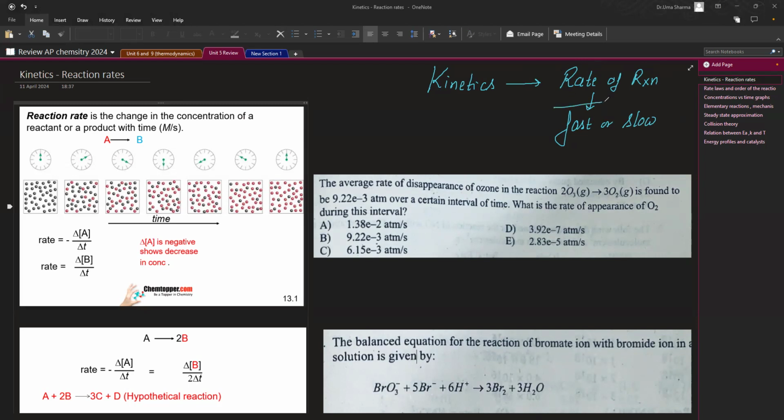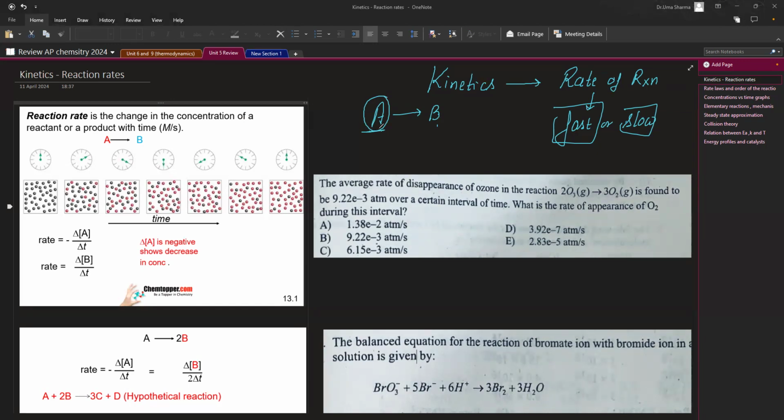How to know a fast or slow reaction? During a chemical reaction, there is a change in the concentration of the reactants and products with time. This change in concentration of the reactant or of the product will tell you the rate of the reaction. If there is a very large change in very little time, then the rate is high. If the change is very little in more time, then the rate is slow.